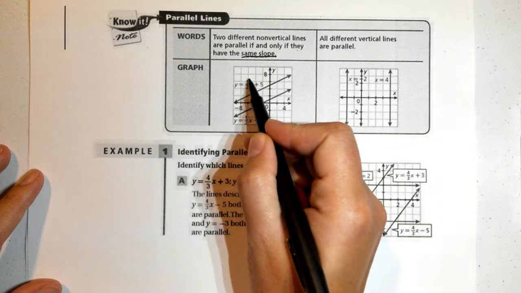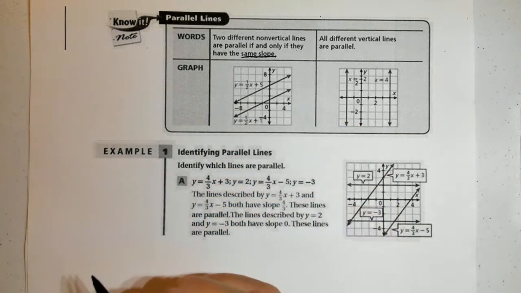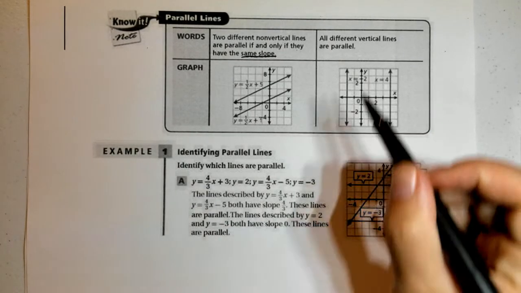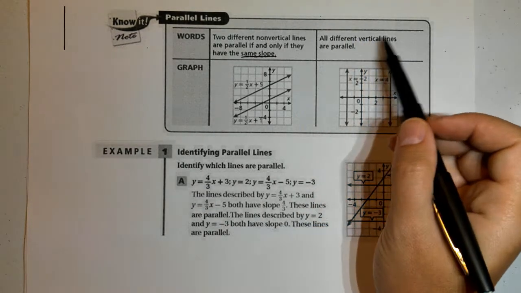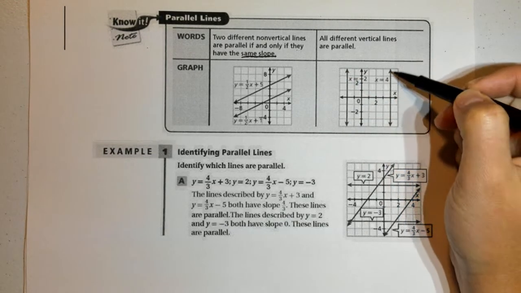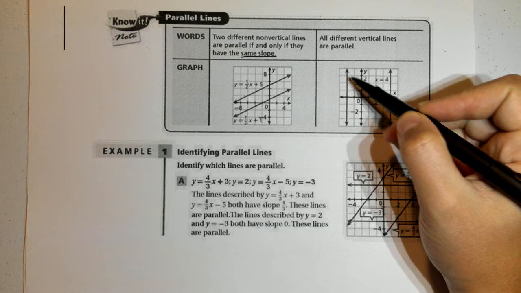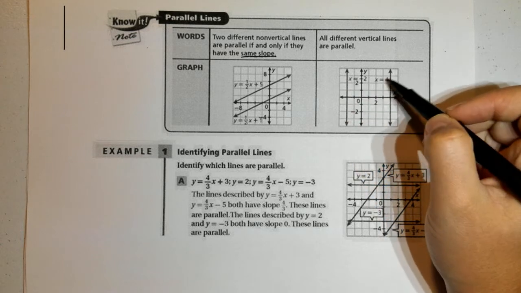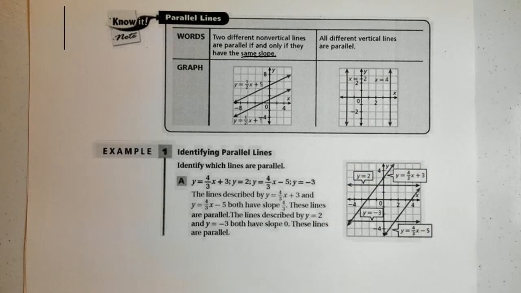They both have the same slope of 1/2, so that means they are parallel. All different vertical lines are also parallel. So if you have vertical lines going up and down, like x equals -2 and x equals 4, they are parallel. They're never going to intersect.